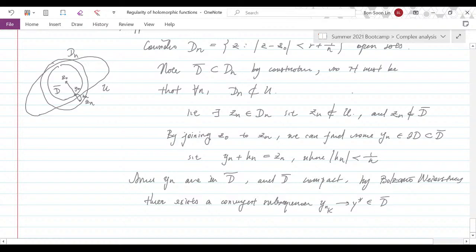In fact, it's going to be on the boundary because the boundary is compact as well. Okay, so we have this converging subsequence.